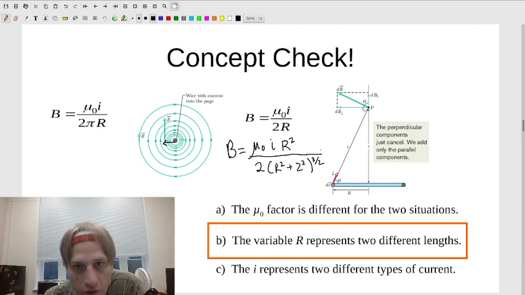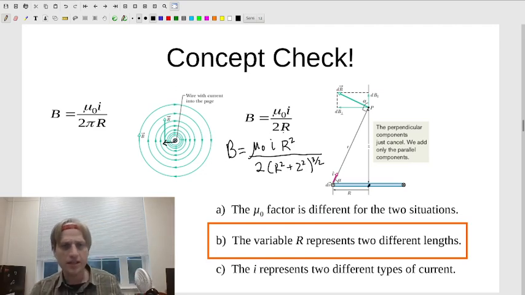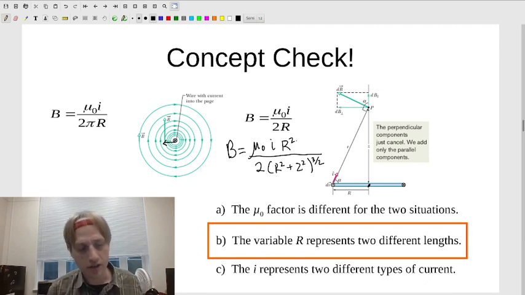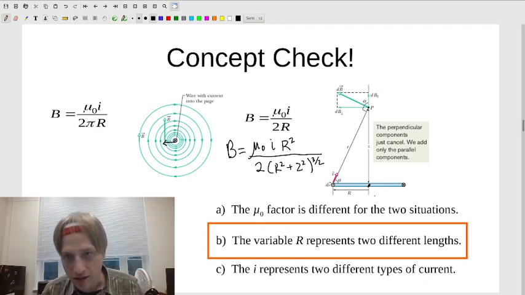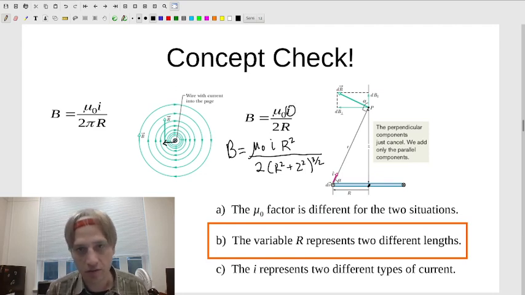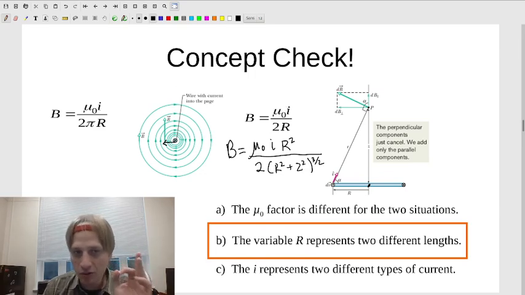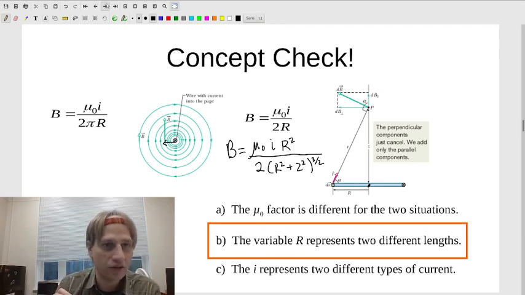So the way that you go from this to that is simply by setting your Z equal to 0, and then you look at the magnetic field right in the middle. Now, the reason I bring this up is that the R here is not a variable. It's a constant that determines the geometry of the wire that you're dealing with, and then the B is also just kind of fixed. The only thing you can really change there is the current running through that wire to get different magnetic fields in the middle. So you do want to be careful because sometimes equations look similar for cases that are pretty distinct physically.